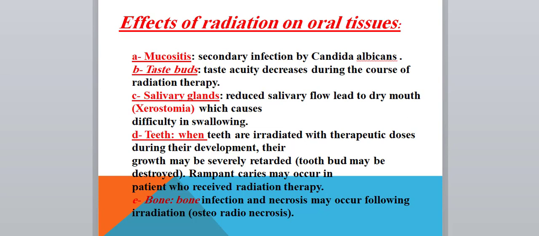D, or 4, the teeth. It affects the teeth when the individual is exposed to therapeutic radiation, according to the doses. The teeth are affected during their development and growth.